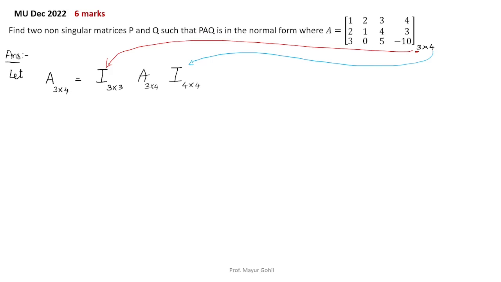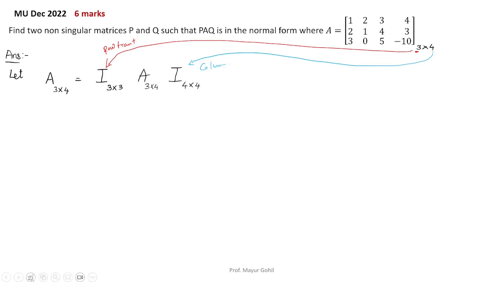Also, we already know that the row operations, or row transformations, will be performed on this matrix, and the column ones will be operated on this one. So you have to be very careful regarding this in the following question.